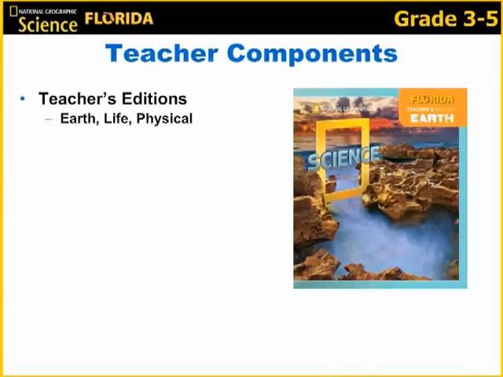As for the teacher components for grades 3 through 5, they are very similar to the K-2 components. You will have one teacher's edition for each unit, Earth, Life, and Physical. So even though students have only one Big Ideas resource book, you will have 3 teacher's editions.